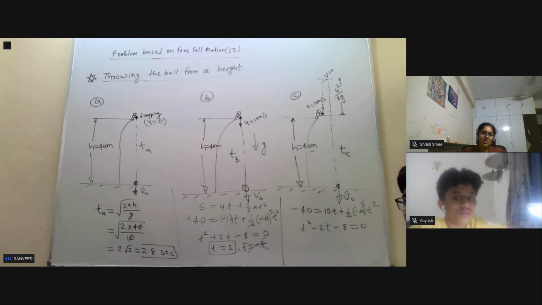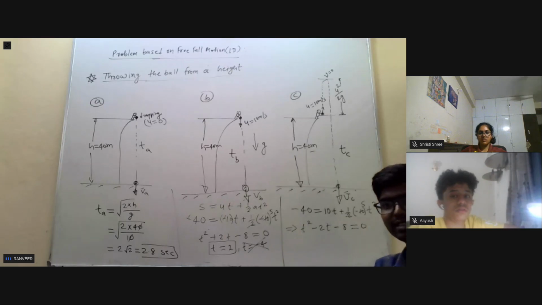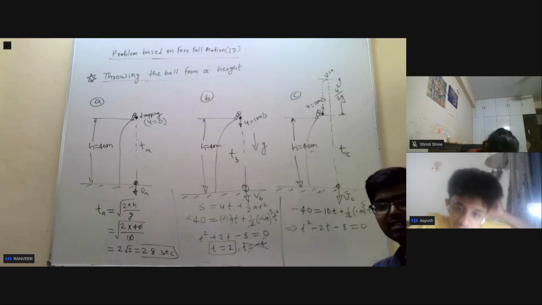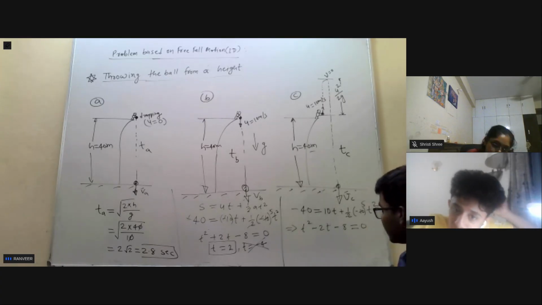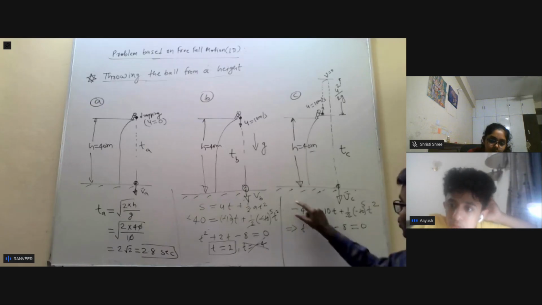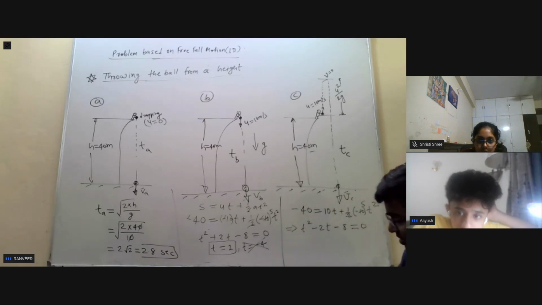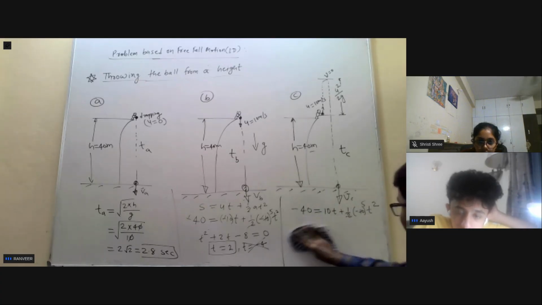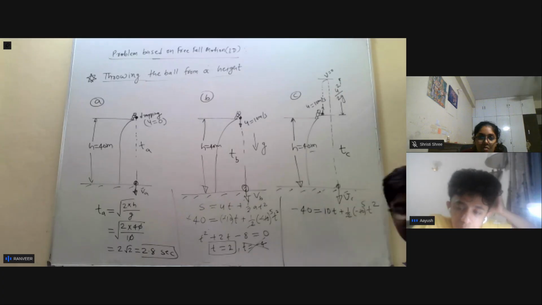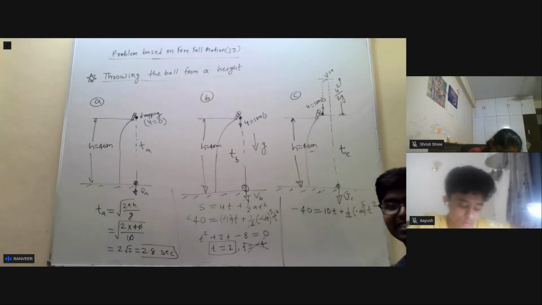Correct? Can you solve it now? Sir, how did it become t square minus 2t minus 8? You understood this first? Yes, sir. You solve this equation now.